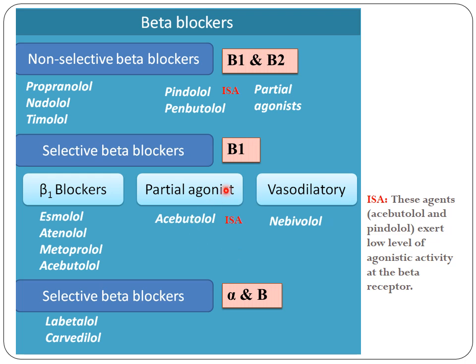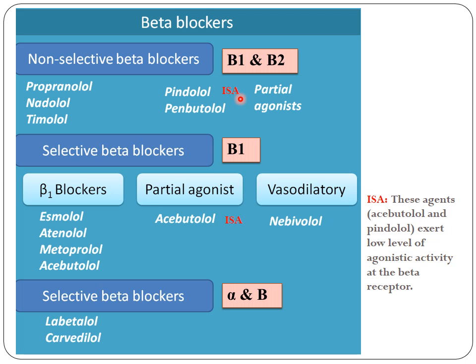If you notice, it is written that pindolol and acebutolol have intrinsic sympathomimetic activity. What do we mean by ISA? We mean that these two drugs are not pure beta blockers. They stimulate the beta receptor weakly in order to prevent the binding of more potent endogenous noradrenaline.